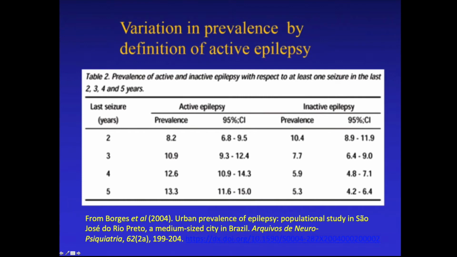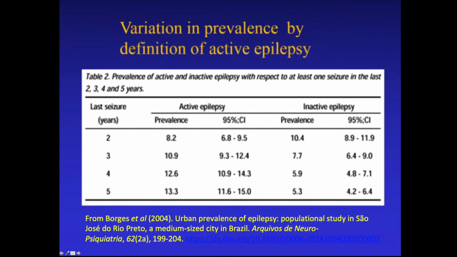And this shows the last seizure occurrence and prevalence. So if you say an active case is anyone with seizures in the past year or 2 years, the prevalence in this particular study in South America was 8 per thousand.